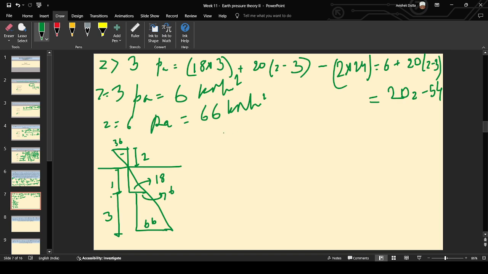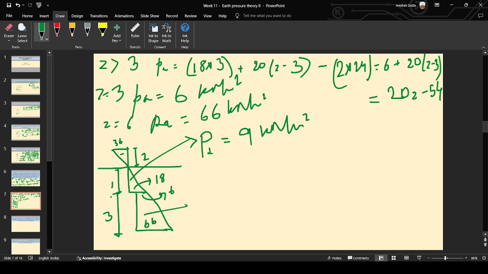So if the triangle is P1, the value of the total force is the area of triangle, that is half into base into height, half into 1 into 18. So this becomes 9. This is P1, 9 kilonewton per meter.